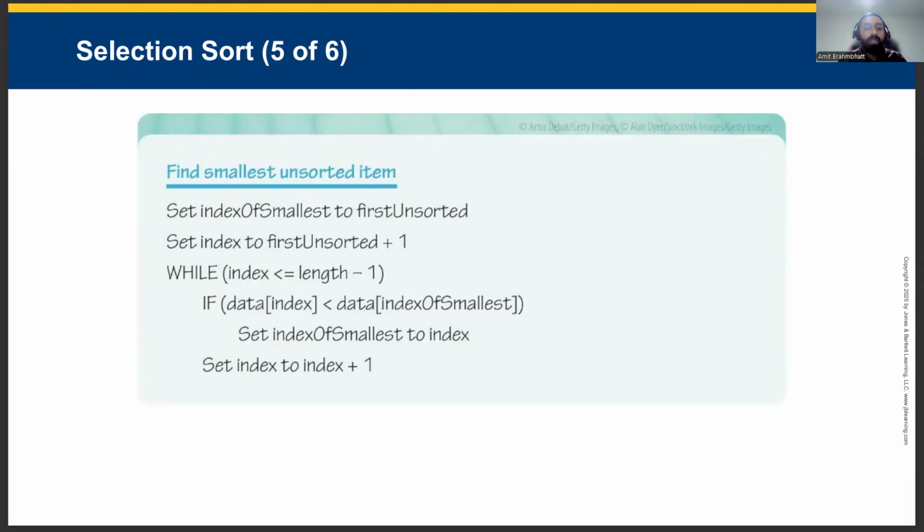What the while loop does is check a condition: if data at that index is less than data at the index of the smallest. If that condition is true, it will set the index of the smallest to the index. And coming out of the if condition, we set index to index plus 1.